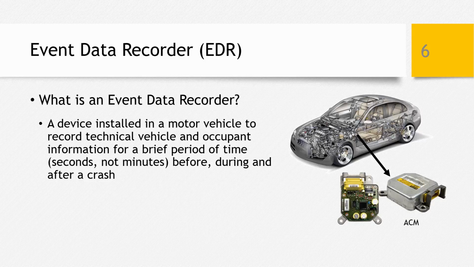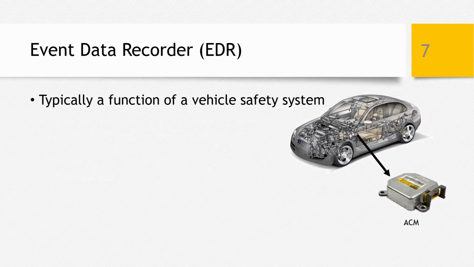So the EDR is a component installed in some module in the vehicle with the intent of recording specific technical and occupant information for a brief period of time leading up to, during, and after a crash. EDRs are not continuously recording data. Something has to happen in order for data to be recorded, and that's something that we're going to talk about a little bit later.